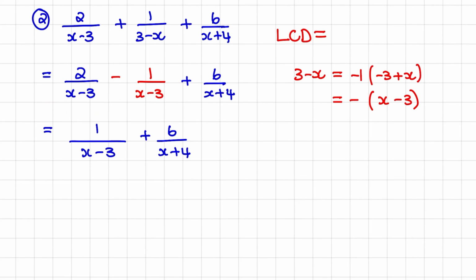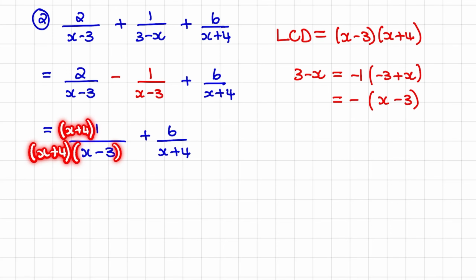Now we can find the LCD, which is simply x minus 3 times x plus 4. So that will be x minus 3 times x plus 4. Now in the first term, I need to multiply the denominator with x plus 4, and I repeat that calculation in the numerator.